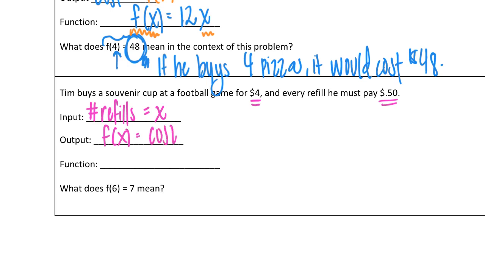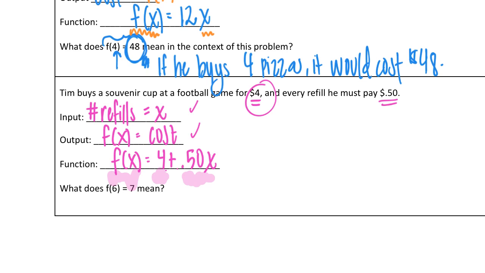Again, it's the cost. So see if you can write a function connecting the input x with the output cost, keeping in mind that he initially paid $4 for that. Hopefully you were able to come up with f of x equals $4 plus 0.5 times x. So his initial cost was $4, but then he has to pay 50 cents for each refill. That will affect his output, his f of x.